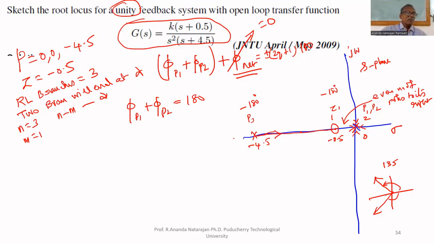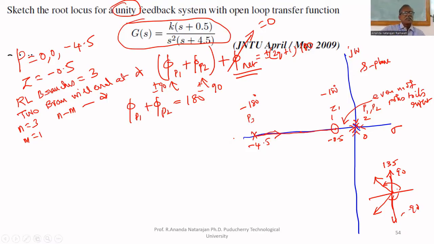But we need an odd multiple of 180. Suppose you assume this is 90. Then this is also 90, plus or minus 90. Because of the first rule, if one comes out at 90 degree and the other at minus 90 degree, then they are symmetrical.